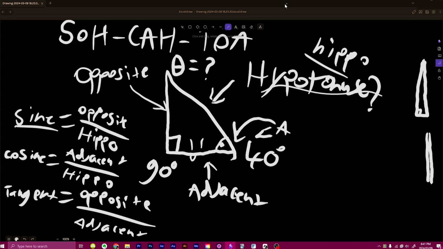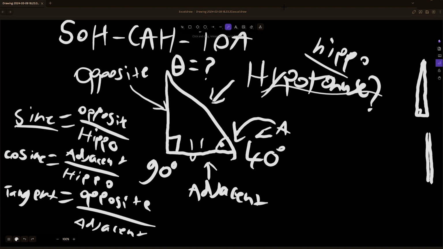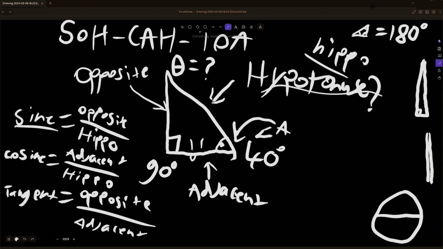All of the angles in this triangle, and in any triangle, will always add up to... That's a horrible triangle, but it works. Equals triangle angles. There we go. Oh, it's like the Triforce. Equals 180 degrees. It will always equal 180 degrees, which, by the way, is half of a circle.